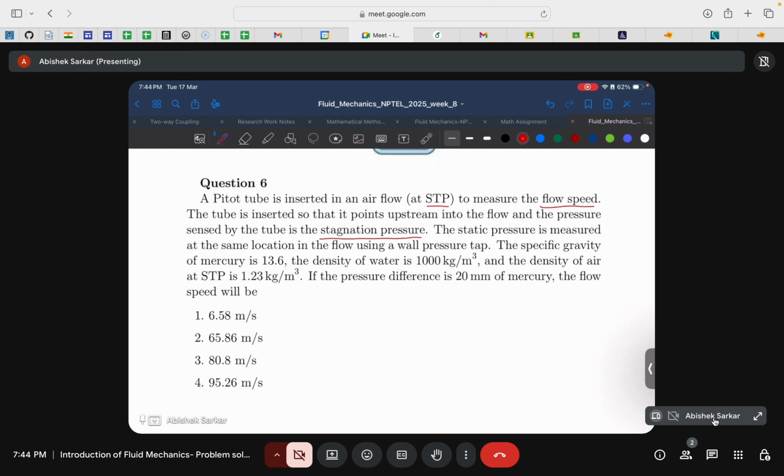The static pressure is measured at the same location in the flow using a wall pressure tap, and the specific gravity of the liquid mercury is 13.6, and the density of water is 1000 kg per meter cube. Density of air at the standard temperature and pressure is 1.23 kg per meter cube. If the pressure difference is 20 meter mercury, the flow speed is found out to be?